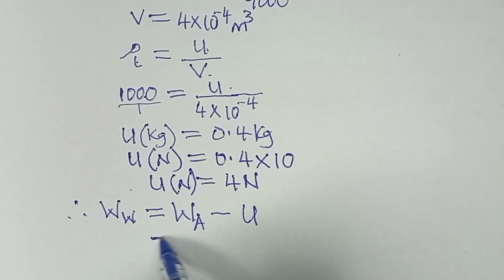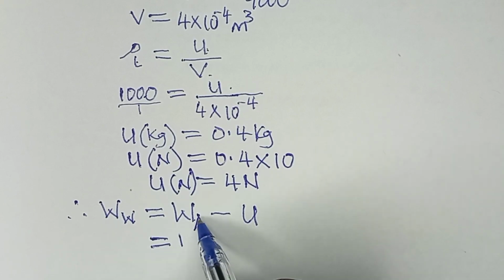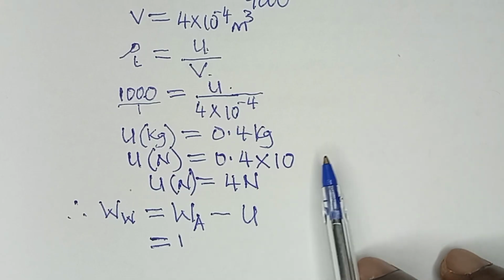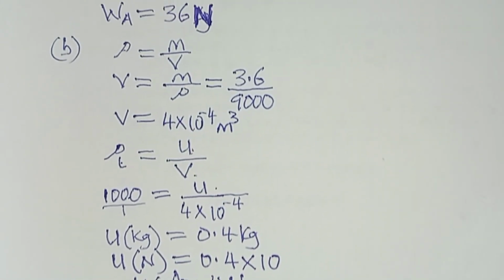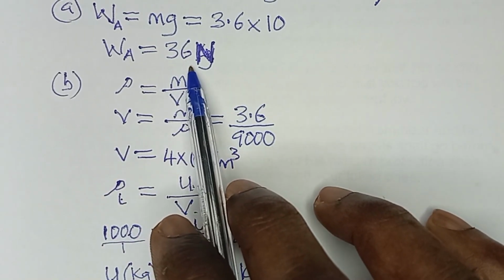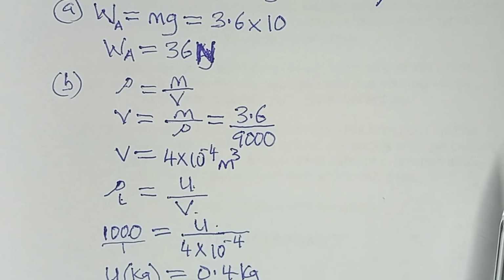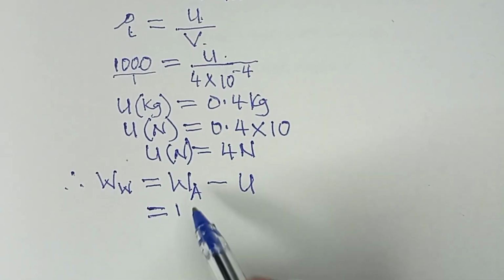So getting the reading now, which is the weight in water, the reading of the spring balance will be the weight in air, which is what we have obtained before at the beginning. The weight in air is 36 Newton. You can see it here. So we can take that value now, 36 Newton.